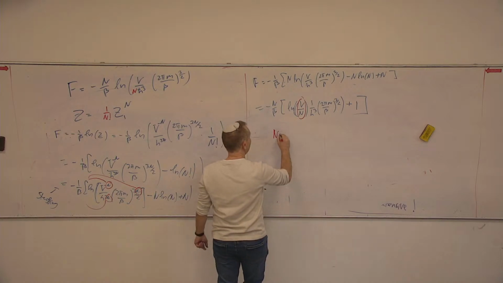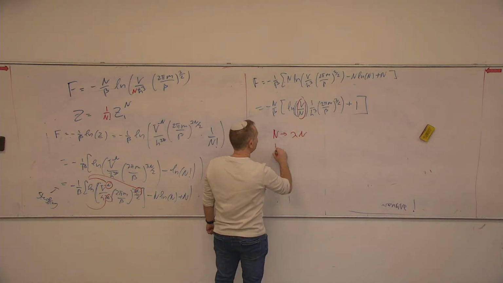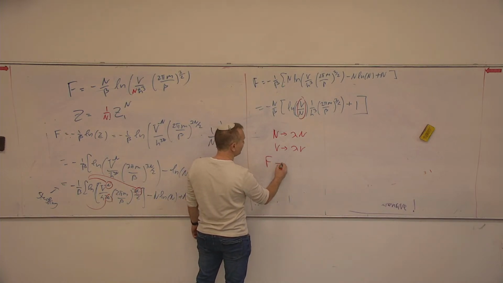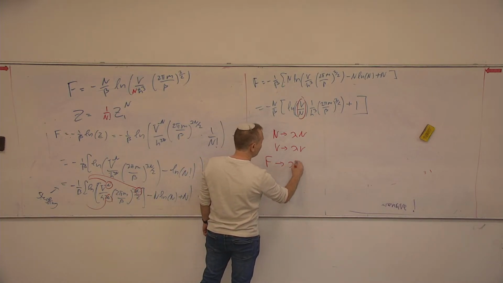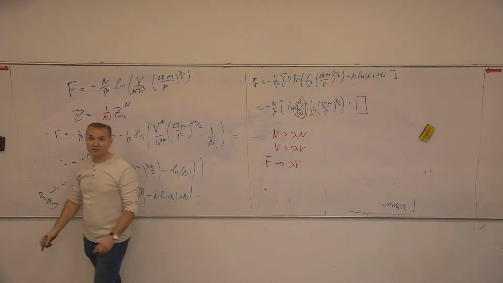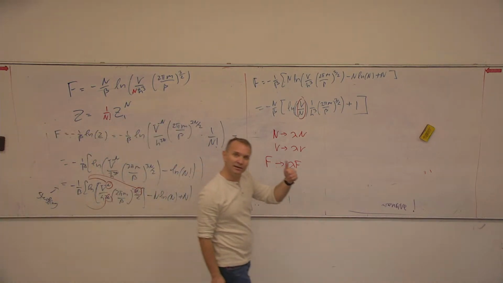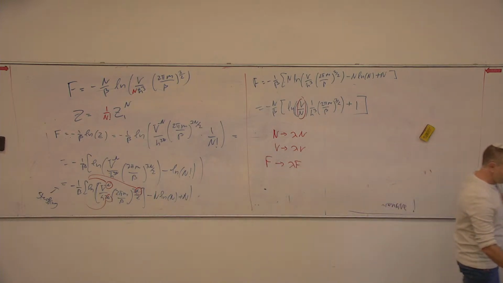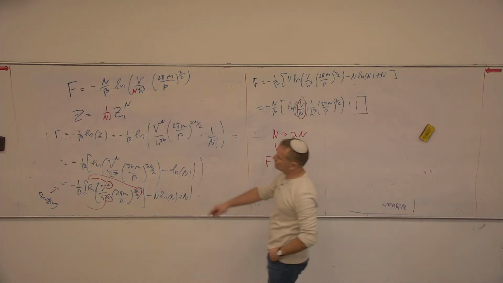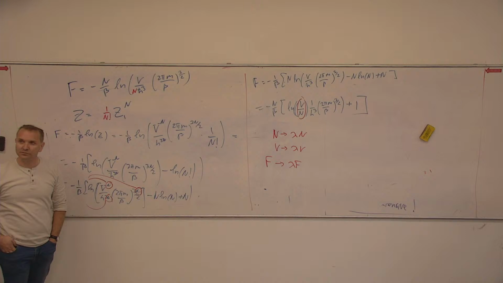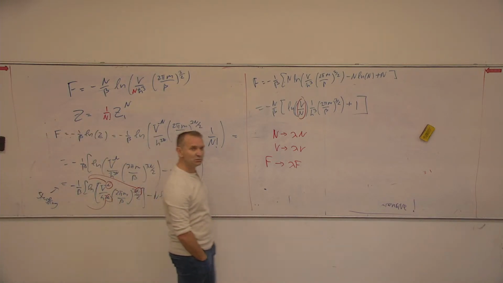If n goes to lambda n, v goes to lambda v, we observe that f goes to lambda f. This is extensivity. Okay? So mathematically, and only mathematically, Gibbs understands that you have to introduce this prefactor 1 over n factorial. The question is why?